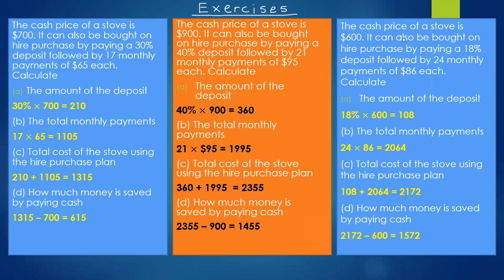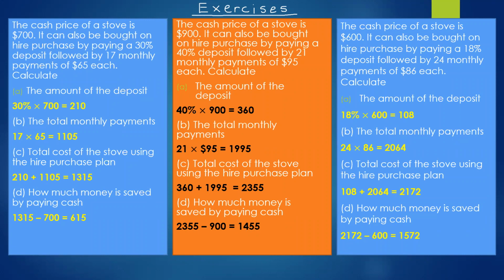Next person is Rakia. Are you there, Rakia? Yes. Can you explain exercise number 3, please? The cash price of a stove is $600. It can also be bought on hire purchase by paying an 80% deposit, followed by 24 monthly payments of $86 each.